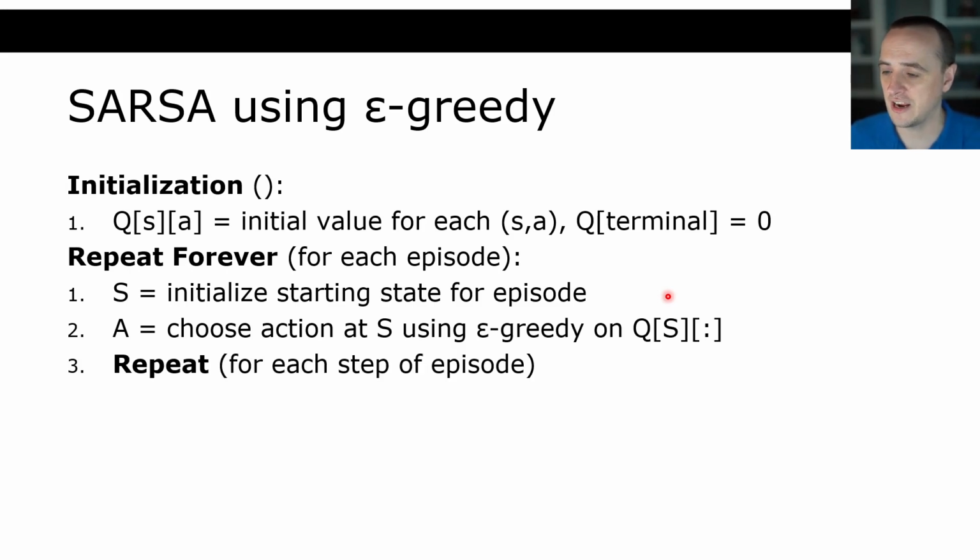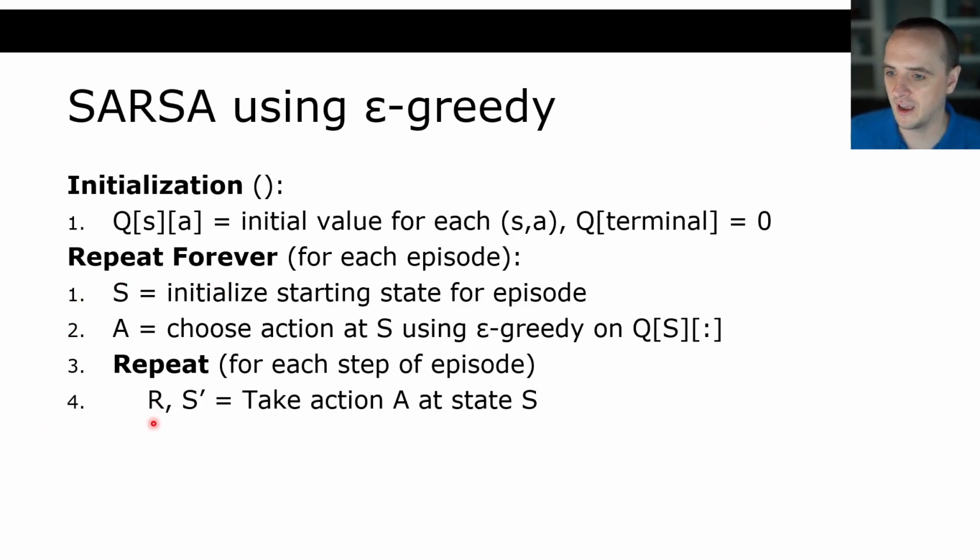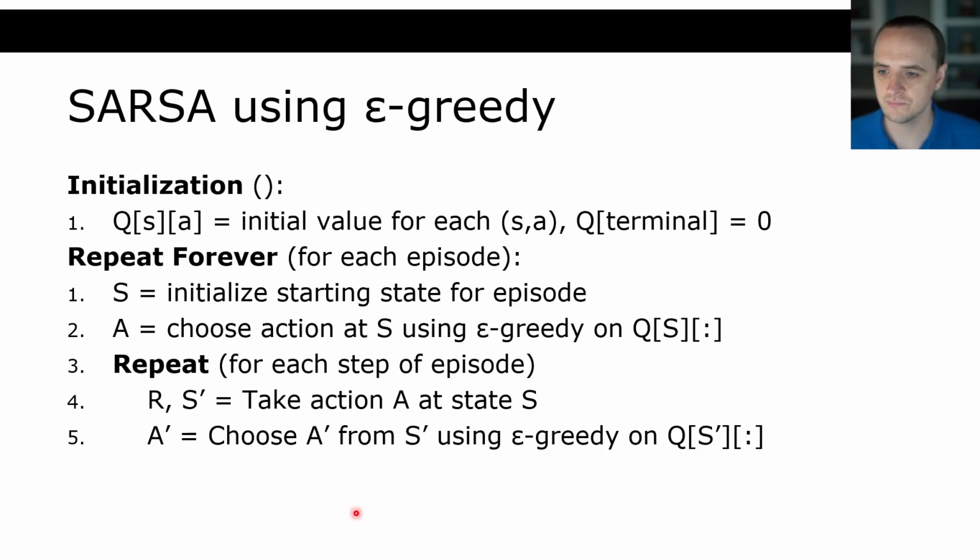Then, for each step of the episode, this is our first state action. The reward that we get and the next state is essentially: take action A at state S, and it'll give us a reward and a next state. Okay, so that's what these two are. A prime is going to be, now that we have a next state, we choose our next action from our next state also using epsilon greedy.